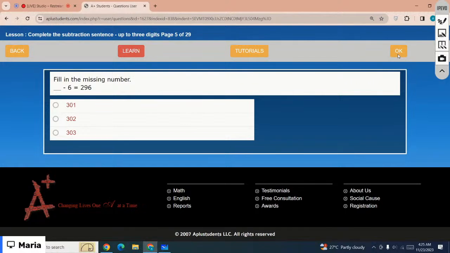Okay, fill in the missing number. The missing number minus 6 equals 296. So which is the correct option?